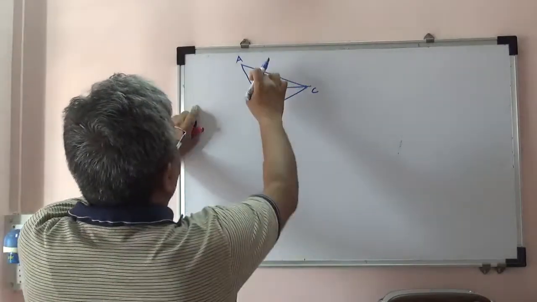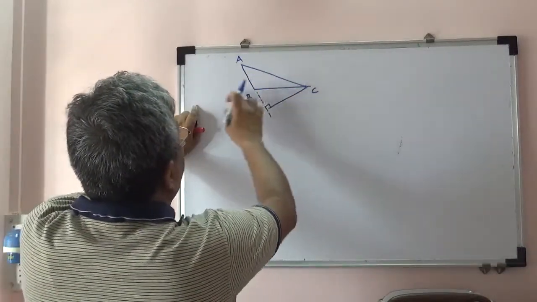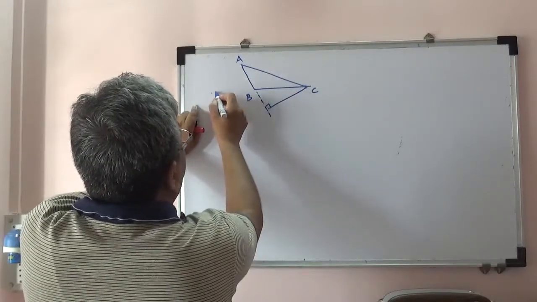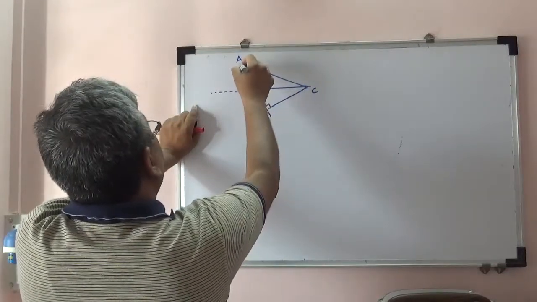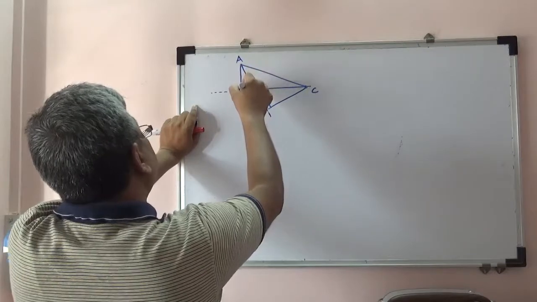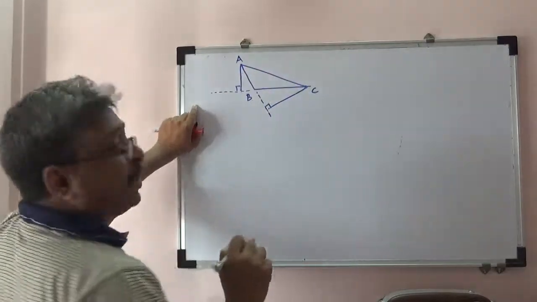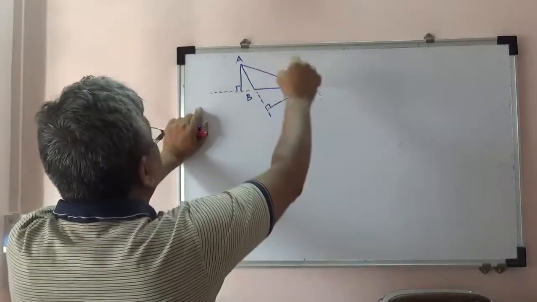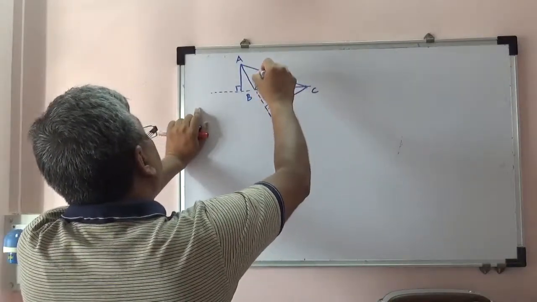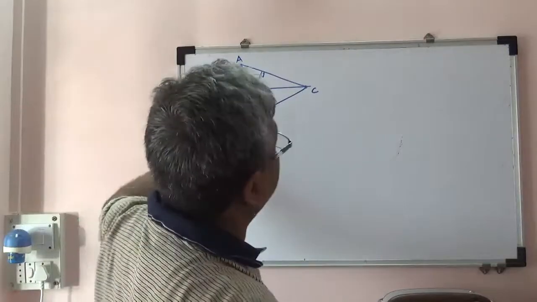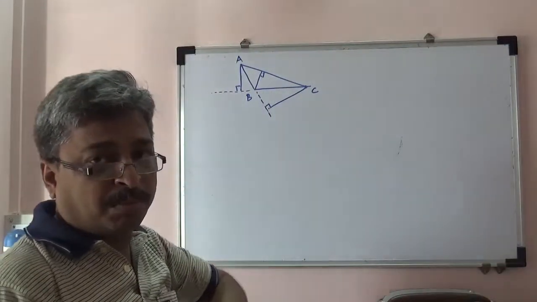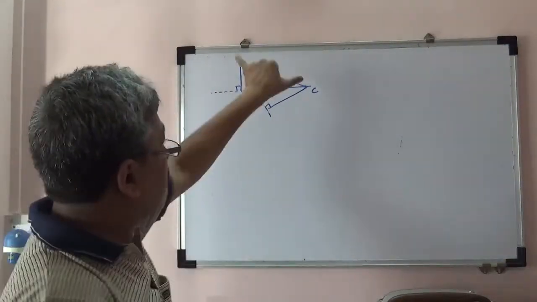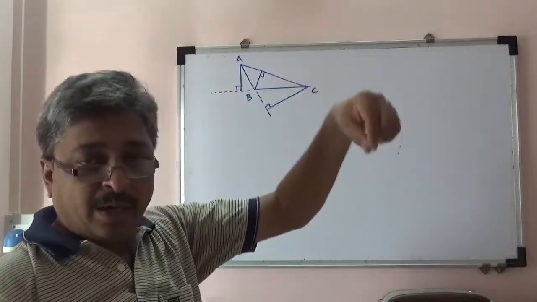If I want to measure the area of triangle ABC with BC as a base, what will we do? Drop a perpendicular from the third vertex onto line BC. This will be your perpendicular. And if I want to find the area of ABC using AC as base, then drop a perpendicular similarly. So if the triangle is an obtuse angle triangle, the only perpendicular that lies within the side is the one from the obtuse angle.